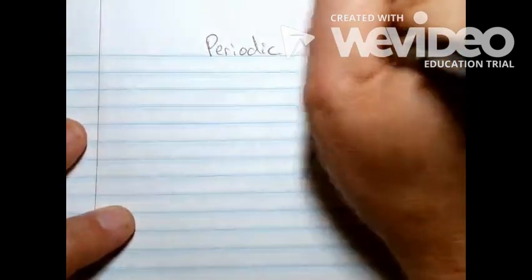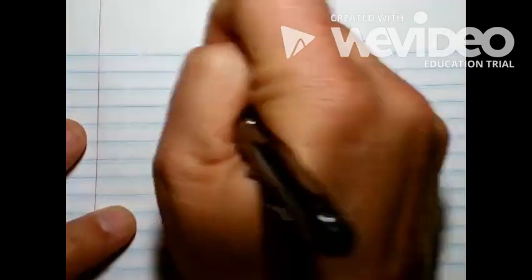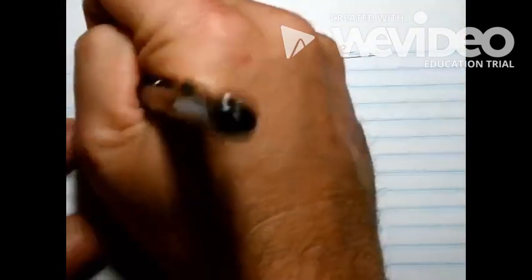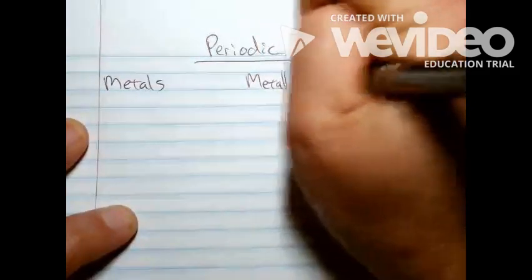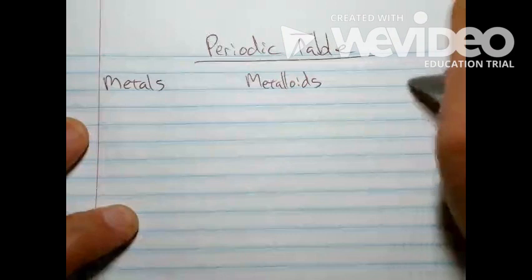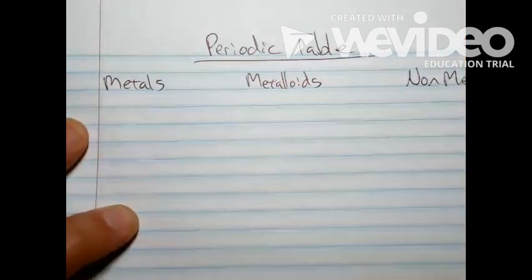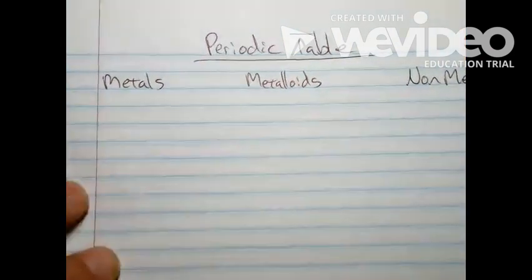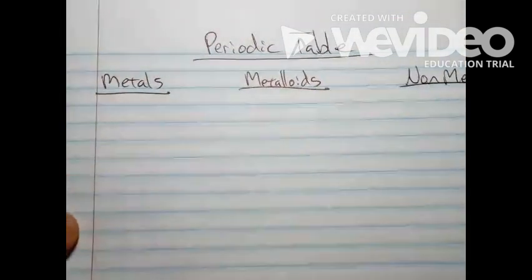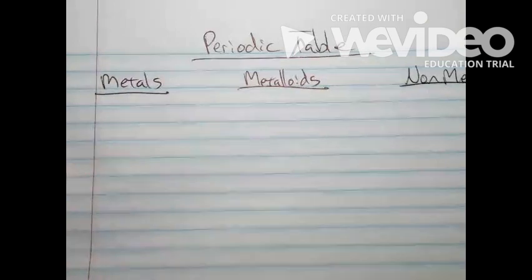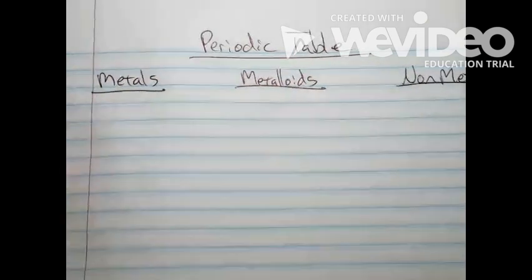So you have your periodic table. That's arranged by metals, metalloids, and then nonmetals. Your metals, what are some physical properties of metals?